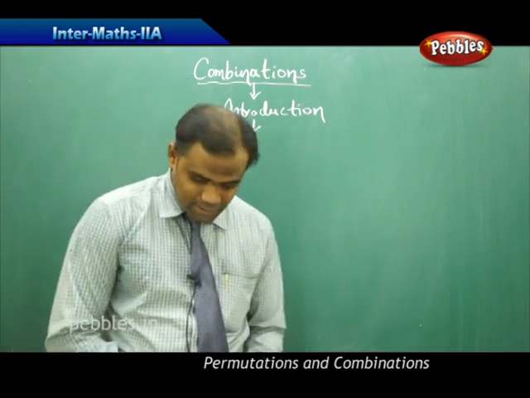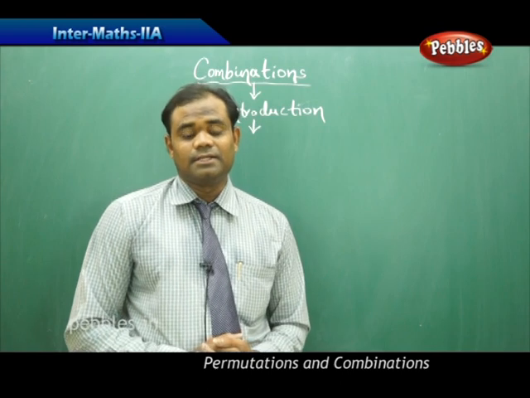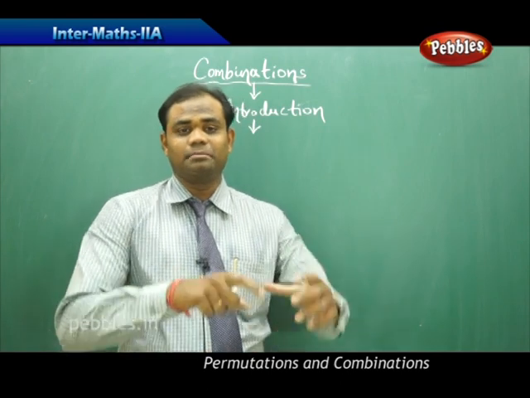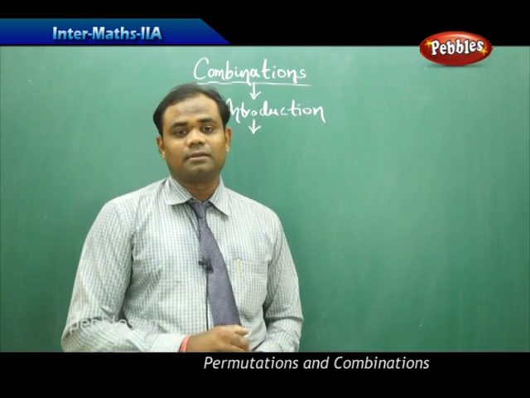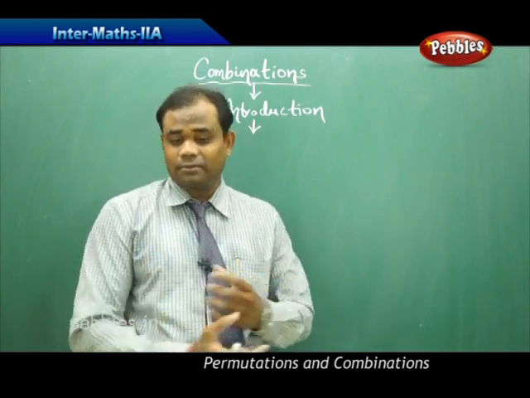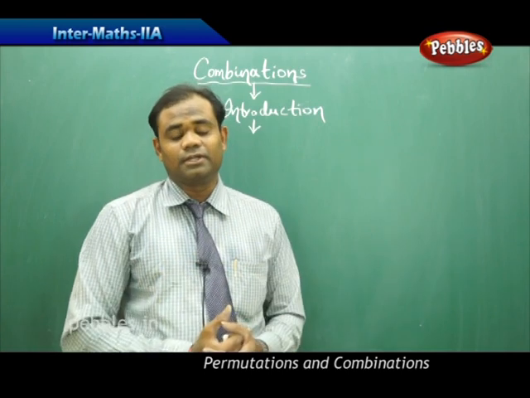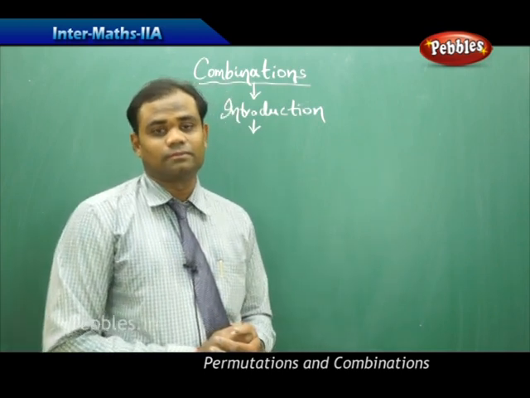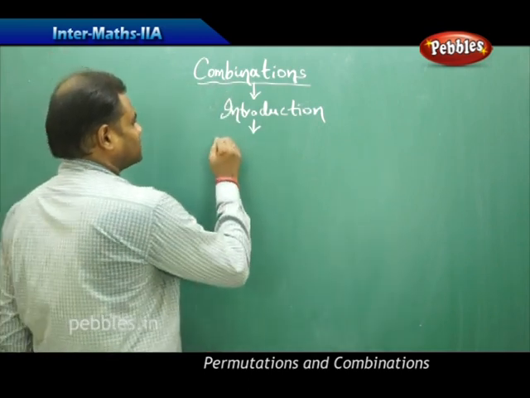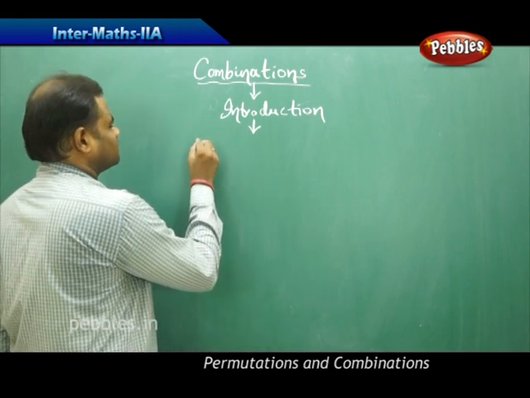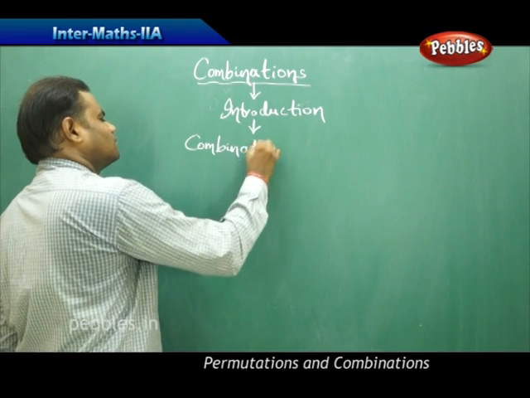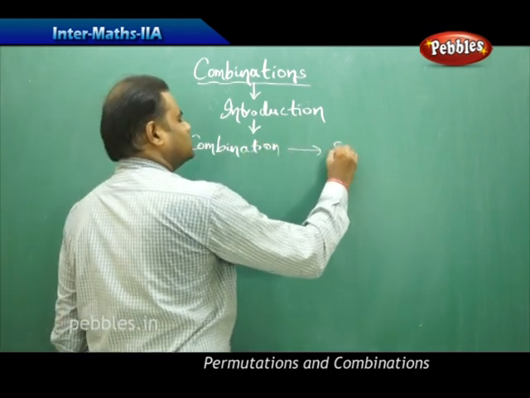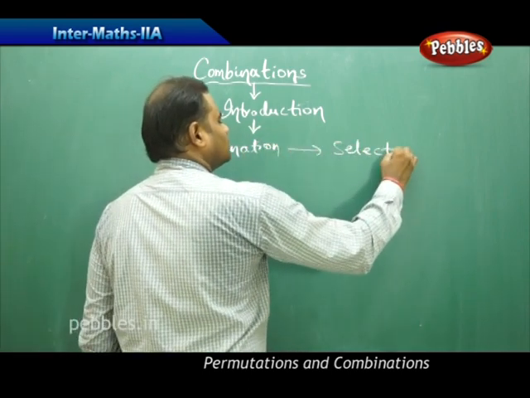Now, as we have discussed with permutation as the selection and then arranging them in order, then combination is only selecting but arranging or taking into account the arranging in order is not taken into account. That is, a combination is only a selection.